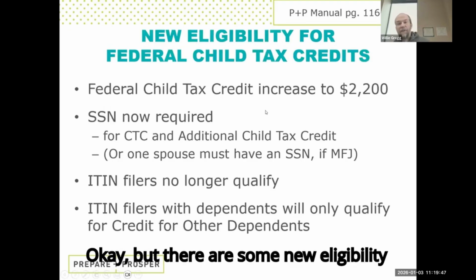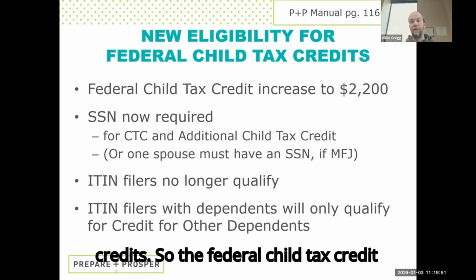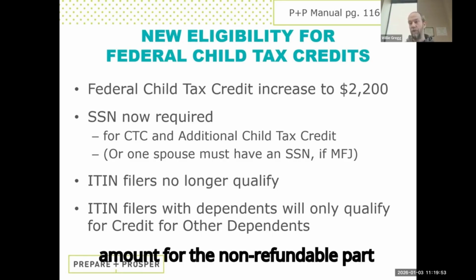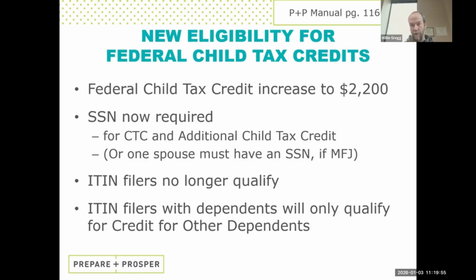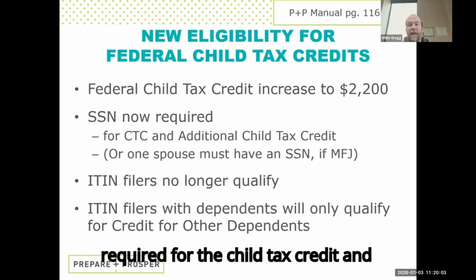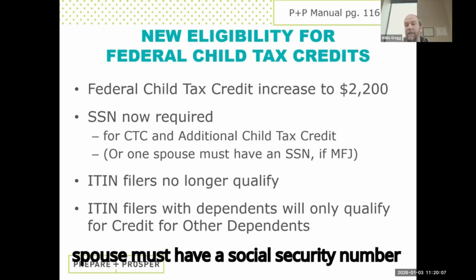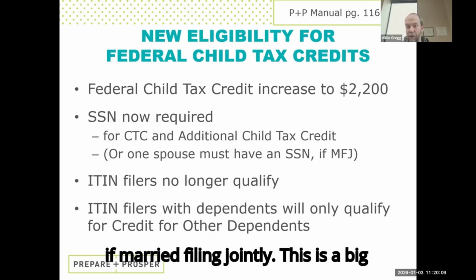Okay, but there are some new eligibility changes for the federal child tax credits. The federal child tax credit amount for the non-refundable part increased to $2,200. However, Social Security numbers are now required for the child tax credit and additional child tax credit, or one spouse must have a Social Security number if married filing jointly.